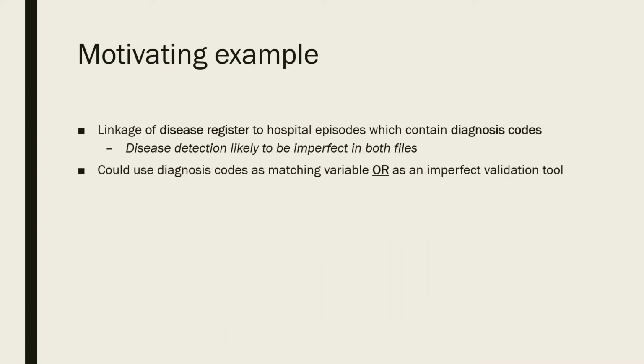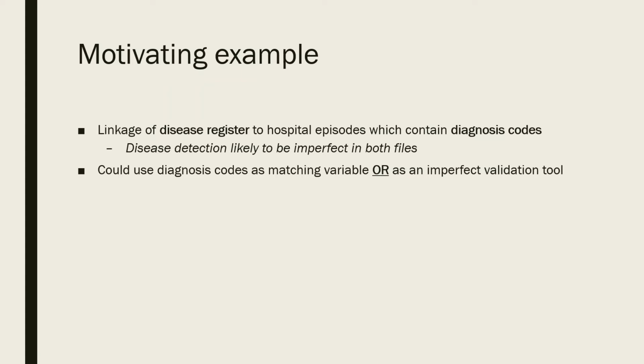So the motivating example was linkage of a disease register to hospital episodes, which contained diagnosis codes for that disease. So disease detection rates are likely to be imperfect in both of these files, both in the register and in the hospital episodes.